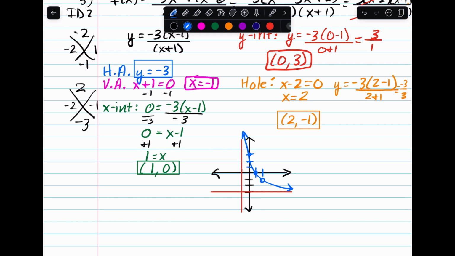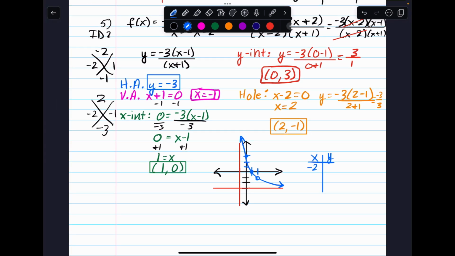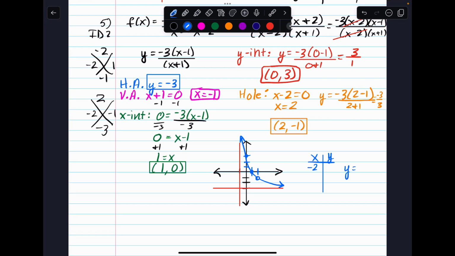I've got 3 points here. All I really need is just one more point just to kind of prove how this looks. And I'm going to plug in a point that's in this area of the x-axis to the left of the vertical asymptote. So I'm going to plug in negative 2 to my xy chart. Negative 2, let's look at the simplified. There it is. Y equals negative 3 times negative 2 minus 1 over negative 2 plus 1. The numerator is going to end up being negative 3 times negative 3, gives me a 9.